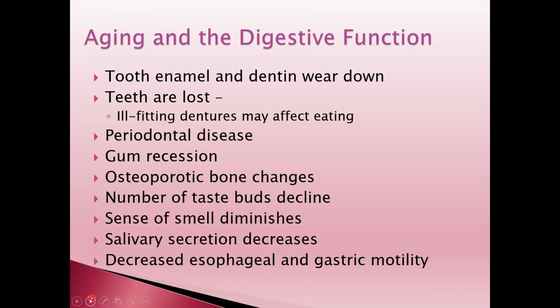The number of taste buds declines, and the sense of taste diminishes, so the enjoyment of eating sometimes declines. Salivary secretions decrease, which might promote periodontal disease and also cause problems with that initial carbohydrate breakdown in the mouth, and there is decreased esophageal and gastric motility.